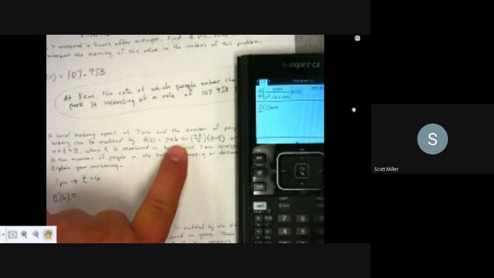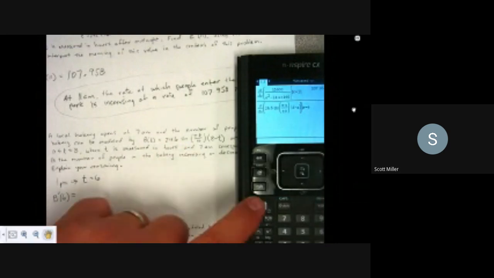And so we type in what we see right here: 24.6 times the trig sine fraction, and we have pi times x over 10 outside the parentheses times 8 minus x.